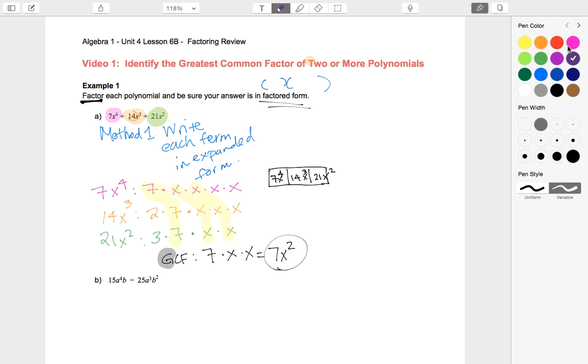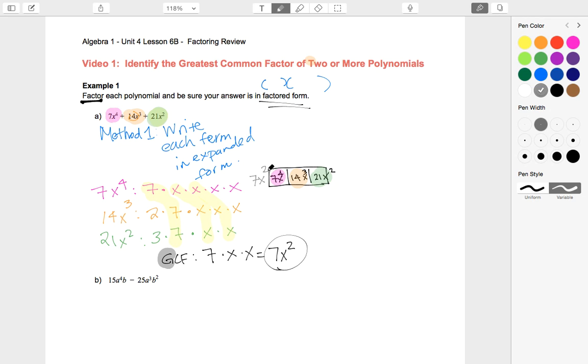Just so you all can see these colors as the same, that's what this term is, and then we have our middle term, and then our last term. I'm going to put the GCF, 7x squared, on the side.